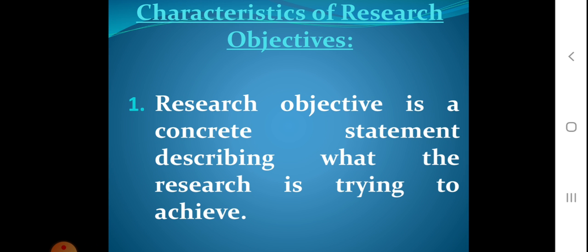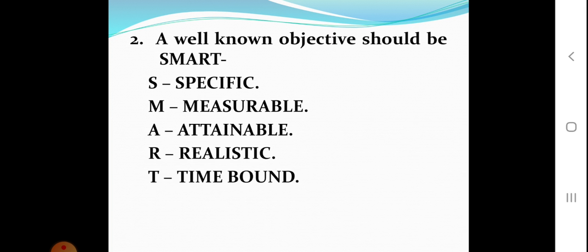Here means a research objective is a concrete statement explaining what the research is seeking, what the research is trying to accomplish. This is the first character of research objectives.